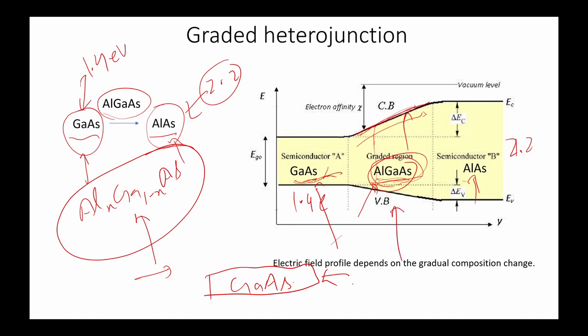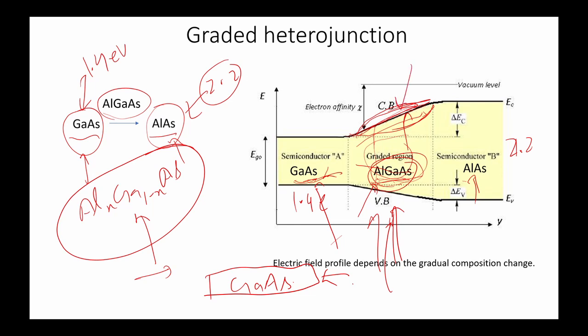By changing the concentration of the aluminum precursor and gallium precursors, by changing the flow rate, by changing the temperature, we can tune the grading of this region. So the conduction band can go like this, or like this.